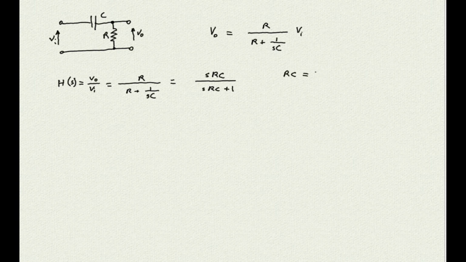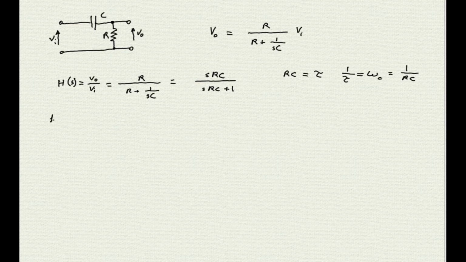Let's call now RC equals tau, which is a Greek letter, and since this tau has the unit of second, we can define its inverse as omega c, the angular velocity we have seen in the theory we just learned. And of course, omega c equals 1 over RC. Yes, tau is in fact the time constant of the RC circuit, and omega c is something that resembles a cutoff frequency. But is it? Let's see.